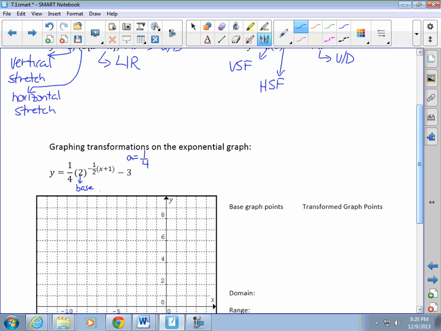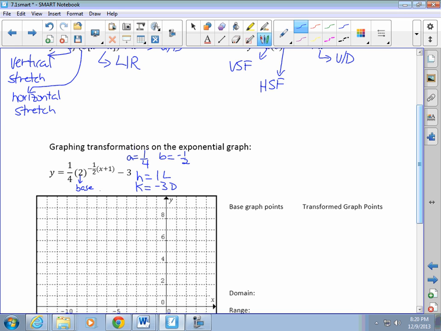My B value is equal to that negative 1/2. My H value is equal to 1, and because it's positive, it's going to go 1 left. And my K value is equal to negative 3, so it's 3 down.